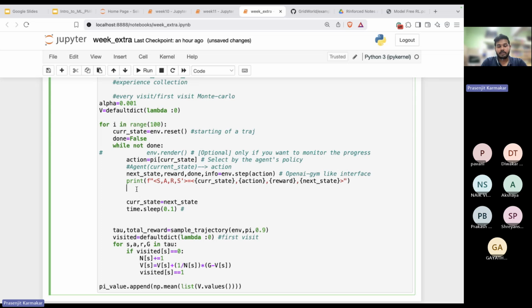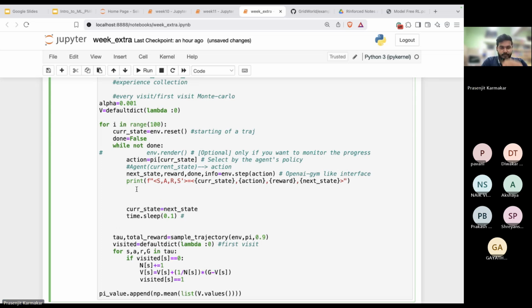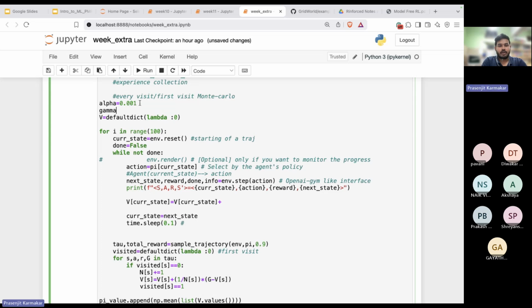What will be my update equation? V(current state) is equal to V(current state) plus alpha times (current reward plus gamma times V(next state) minus V(current state)). I also have to define gamma; gamma is equal to 0.99.